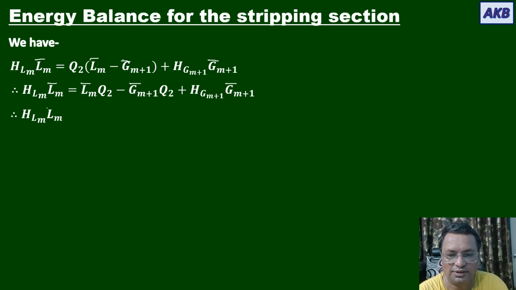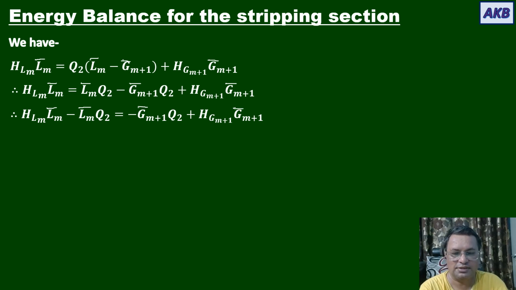So all L bar M terms on one side, so that will give us HLM into L bar M minus L bar M into Q2, that is equal to minus G bar M plus 1 into Q2 plus HGM plus 1 into G bar M plus 1. Okay, and the next step, L bar M common on the left hand side and G bar M plus 1 common on the right hand side.